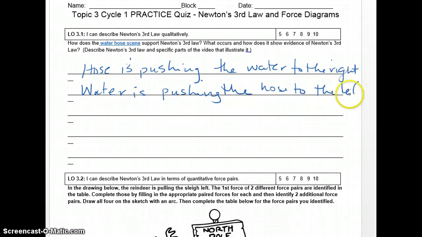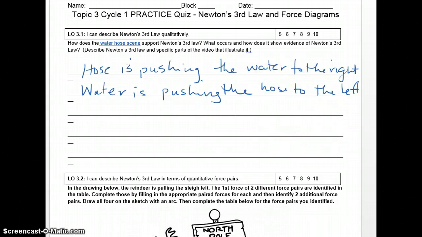And they are pushing at equal forces, even though the water and the hose might not have the same mass. And this clearly illustrates Newton's third law, because Newton's third law is: for every action, there is an opposite and equal reaction. Or for every force, there is an opposite and equal force.